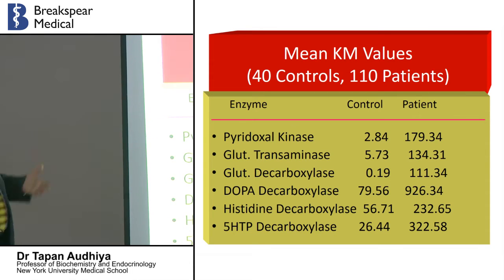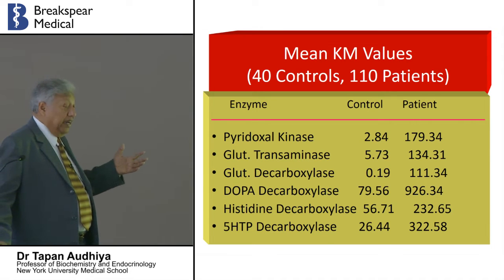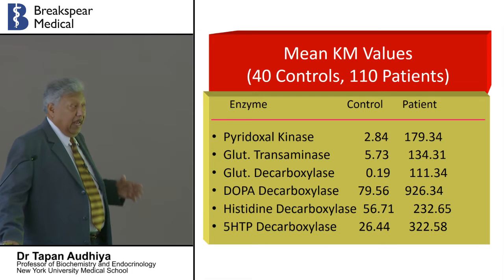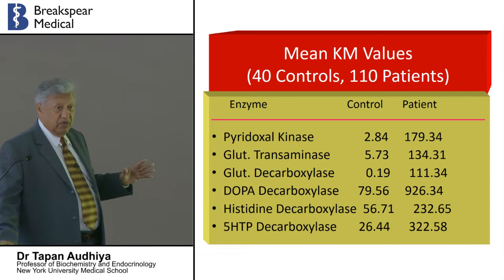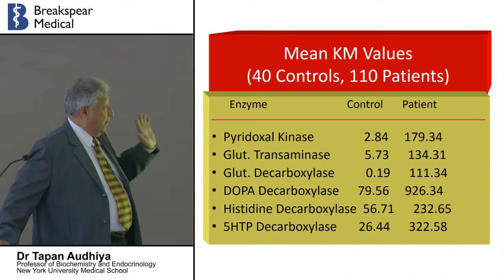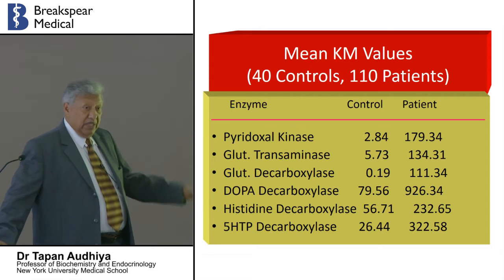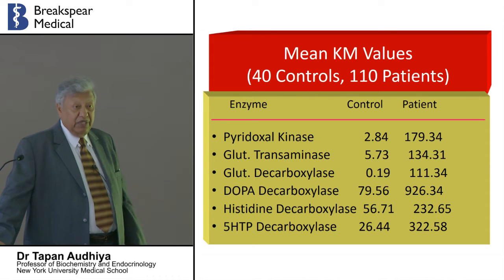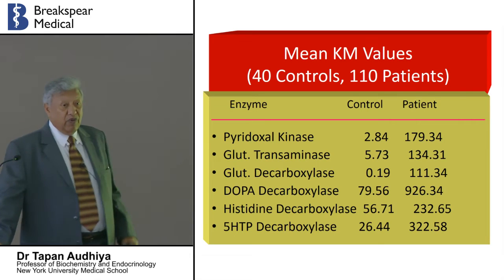Half of that is actually necessary, and it is very different with a mutated patient. And we have done that for about 6 other enzymes. We can show you the same structure. I don't want to show it now, but if you're interested, I'll be more than happy to send you, if you request us, how much more you need of these substrates for those enzymes in order to get the enzyme going.